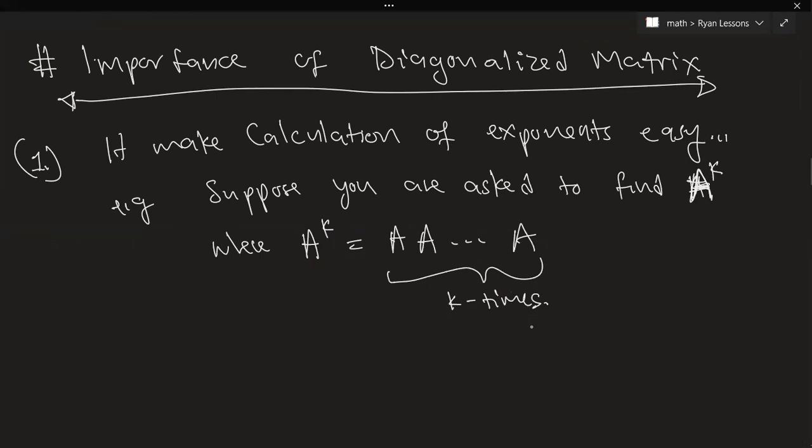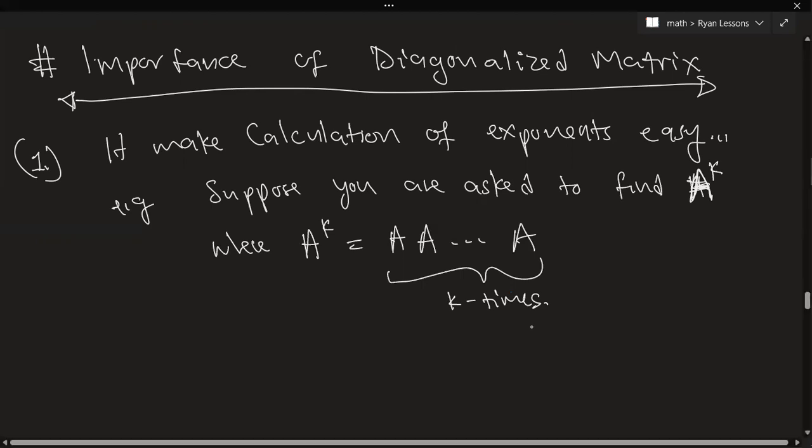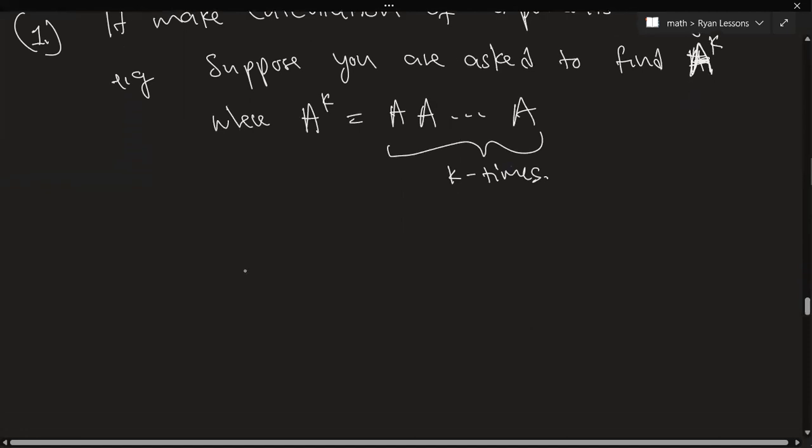So if the matrix A that you're dealing with is diagonalizable, then this exponent becomes so easy to find. How? If A is diagonalizable, whereby there exists an invertible P such that this property is true, how can one calculate A^k?